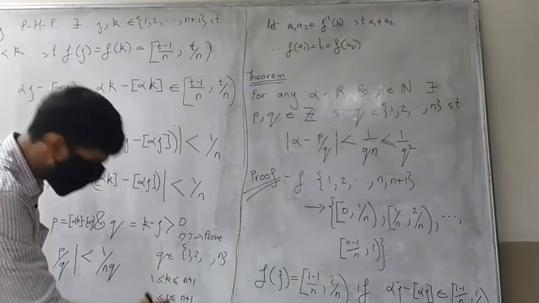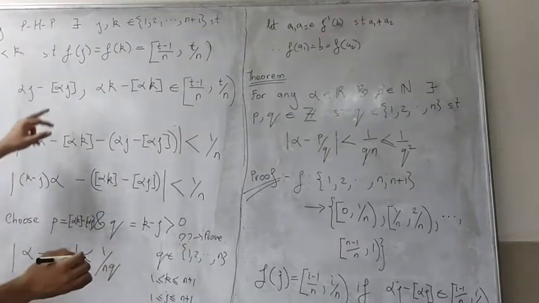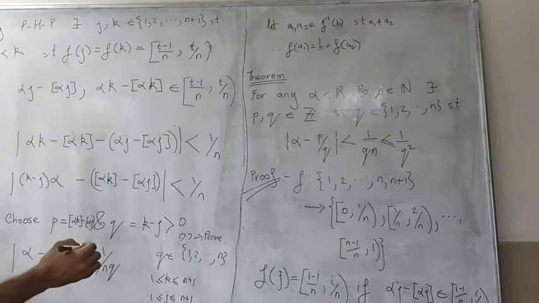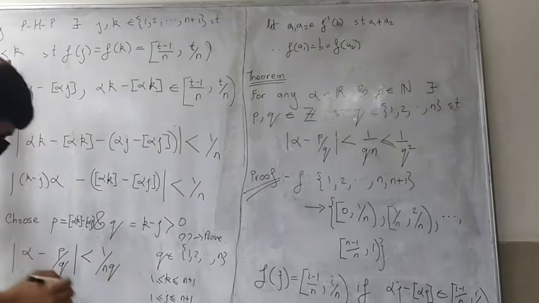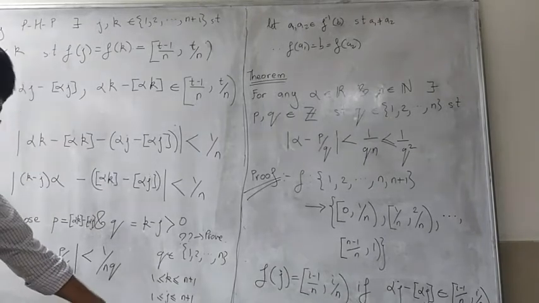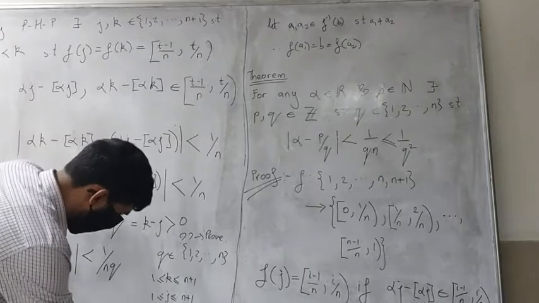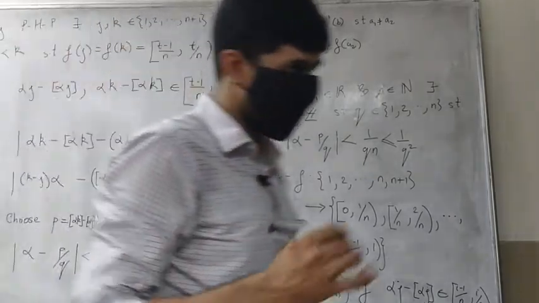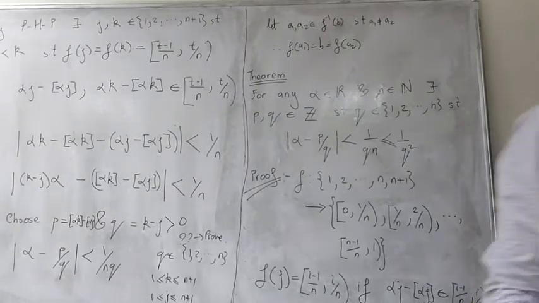But this is actually positive, because we have taken k minus j to be positive. So this has to be greater than or equal to 1. Otherwise, the modulus is what you get there. Anyway, this is less than or equal to, when you add, n. That's quite easy to prove algebraically. So that proves our statement.